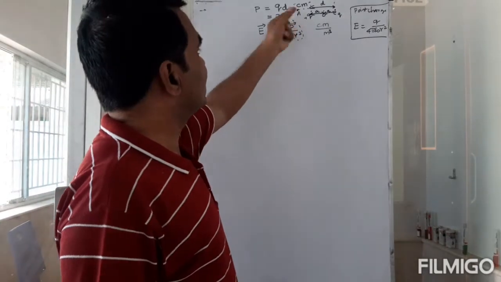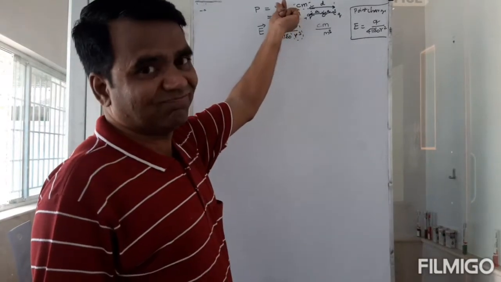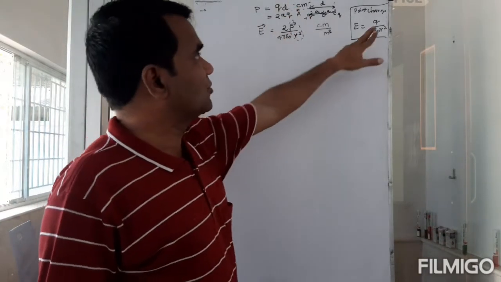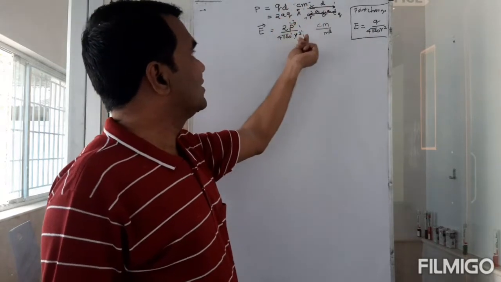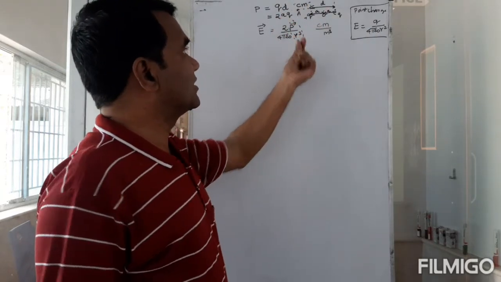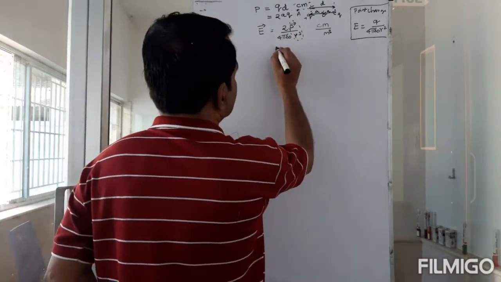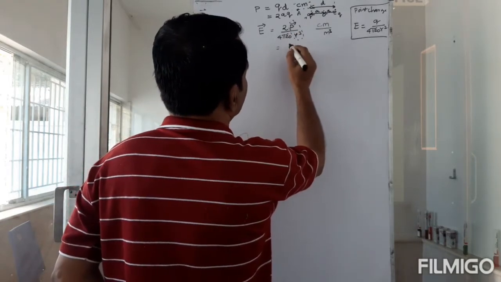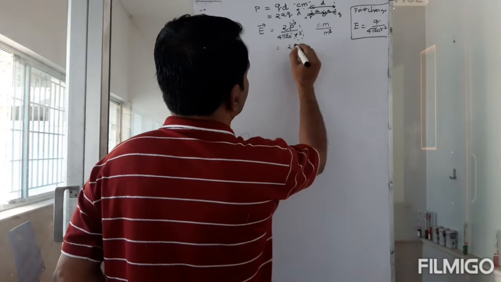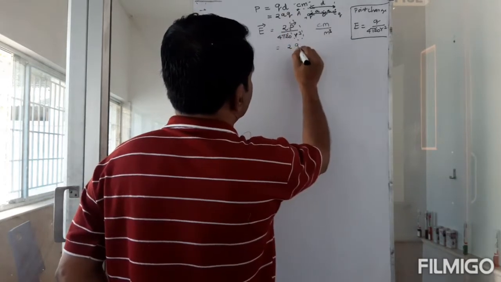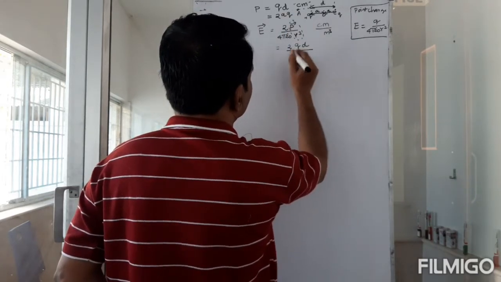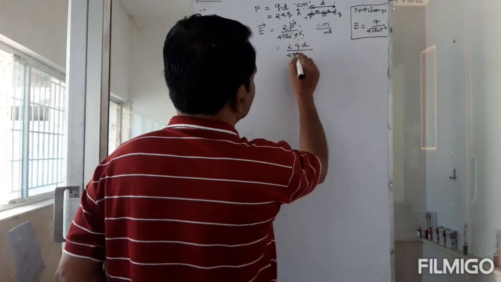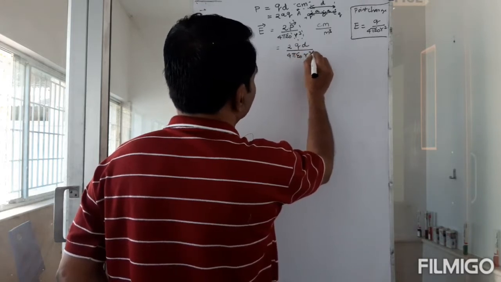The only difference here is this meter is a separation. There is no such meter here. It's just d by r cube. Effectively, 2p is qd, so 2qd by 4 pi epsilon naught r cube.